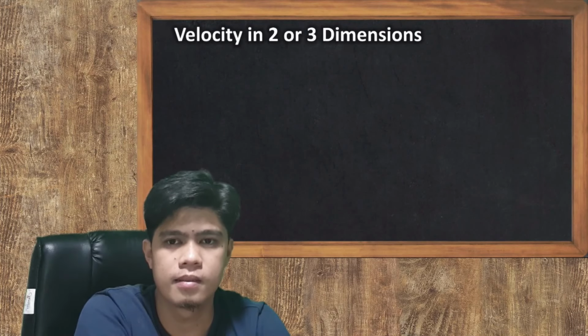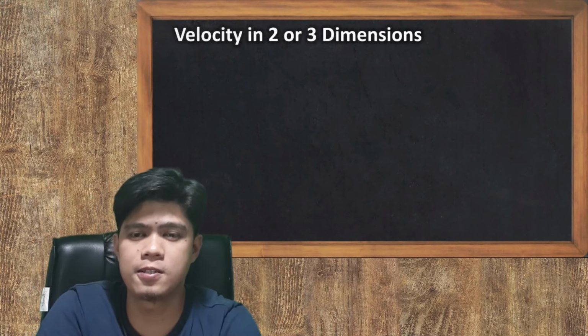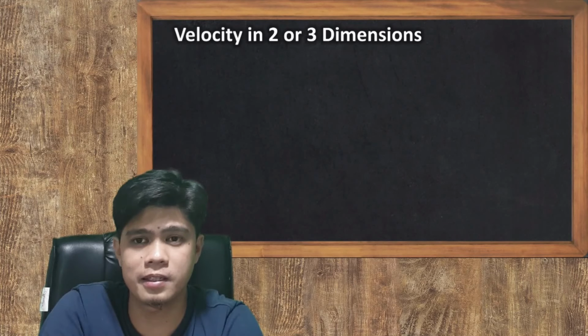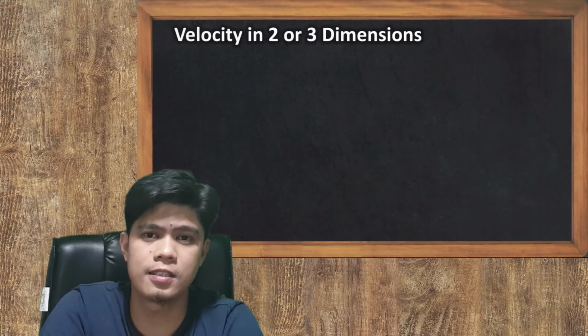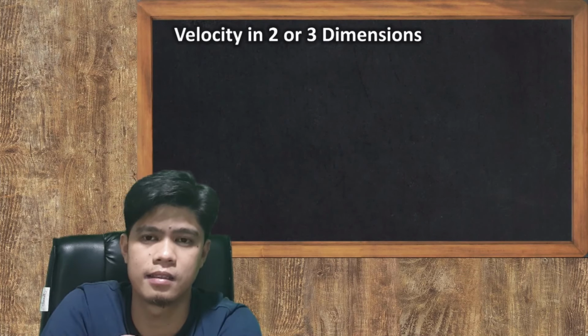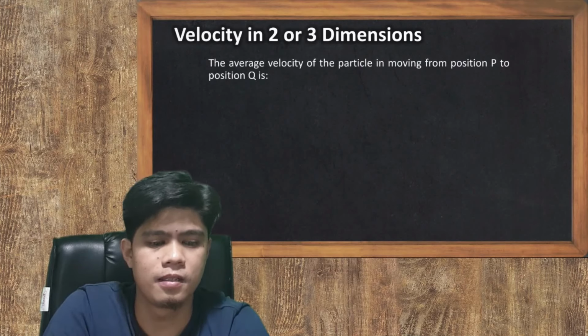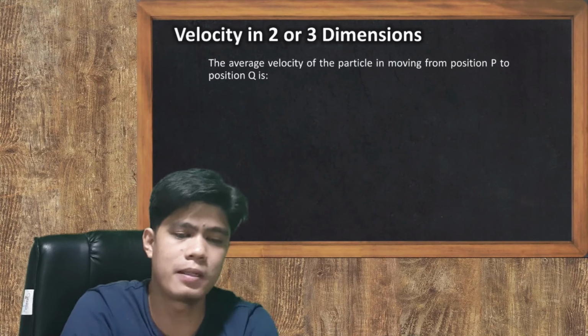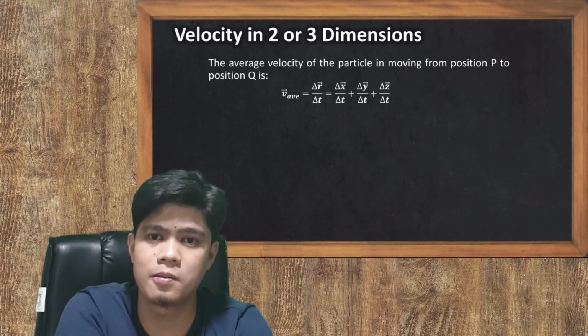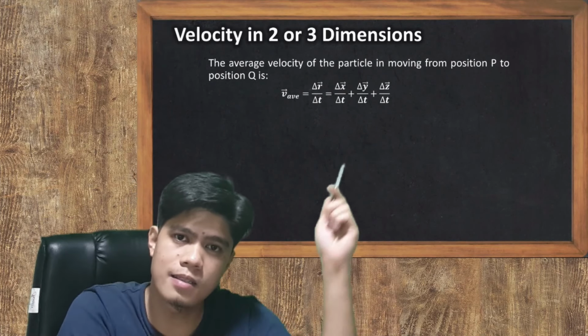Now let's go to the velocity in 2 or 3 dimensions. In rectilinear motion, the velocity is just the displacement over the time interval, or delta x over delta t. Now, in 2 or 3 dimensions, the average velocity of the particle moving from point P to point Q is equal to delta x over delta t.